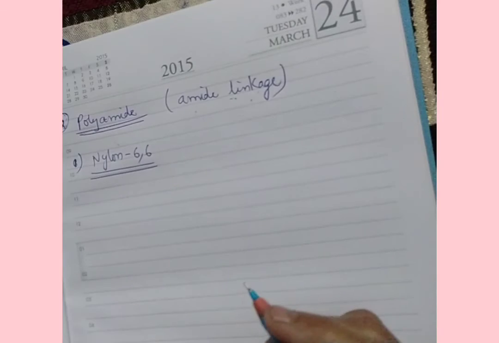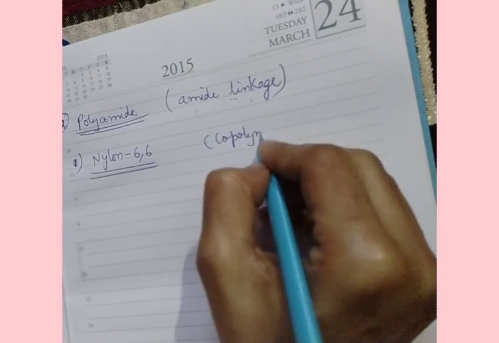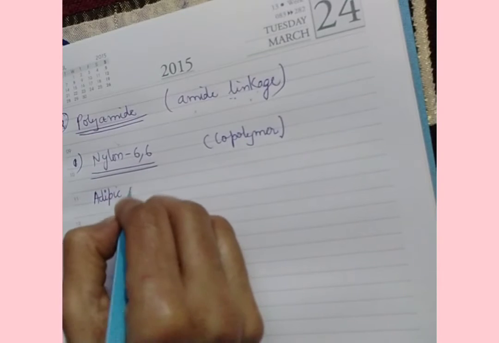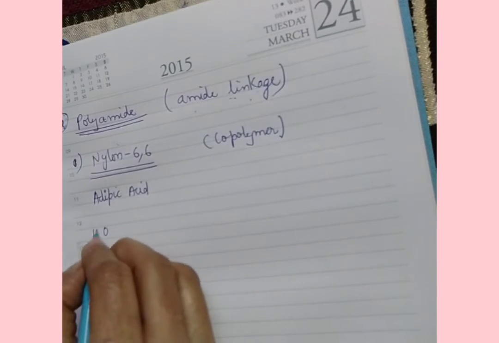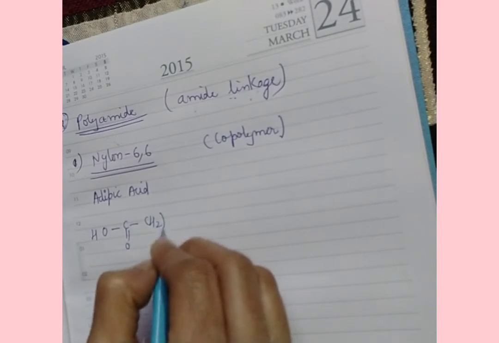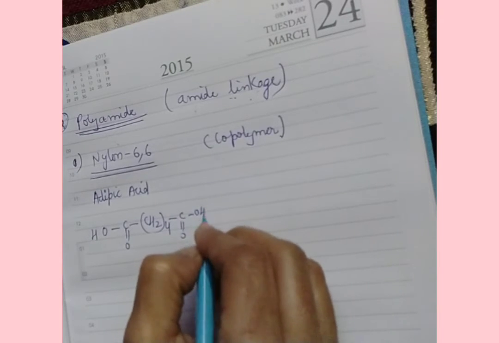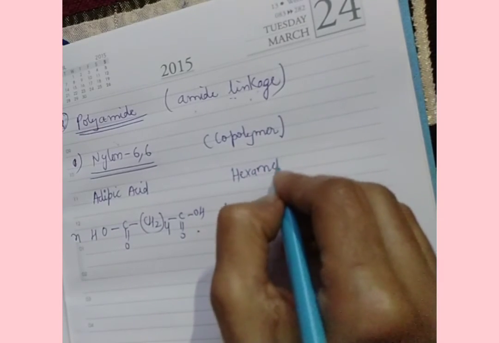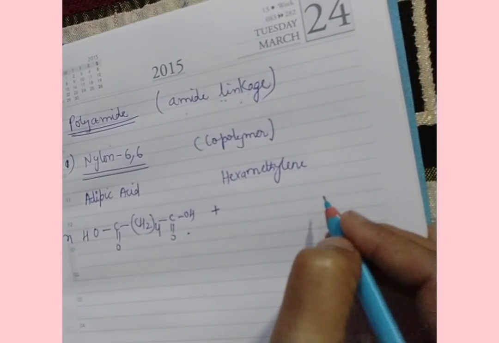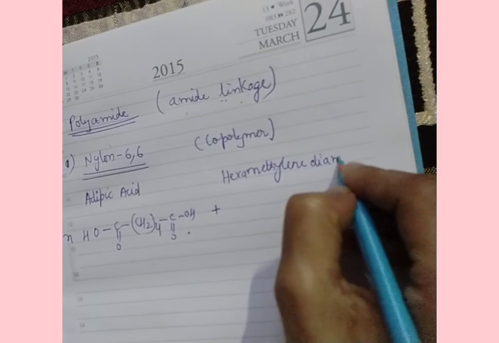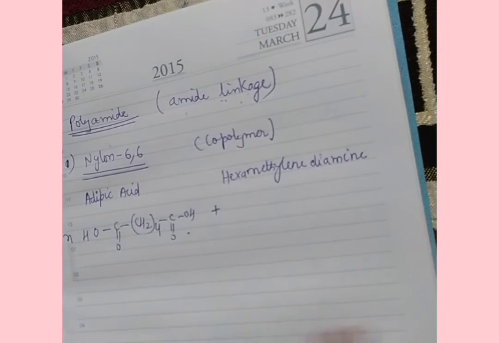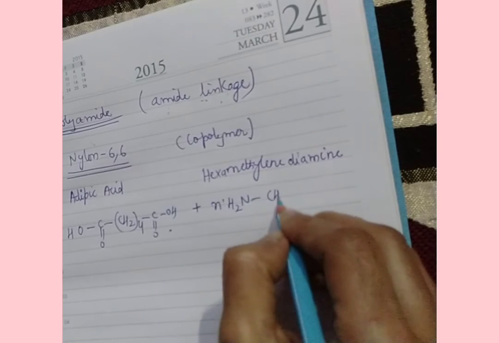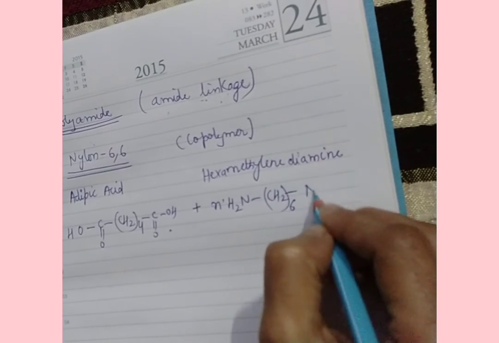nylon 6,6. Again, it is a copolymer. That means two different monomers are used, and the first monomer is adipic acid, and the formula of adipic acid is, so the end unit of this is used with hexamethylene diamine. Okay, hexamethylene diamine, and the formula is NH2 CH2, this has 6 carbon atoms, again NH2.